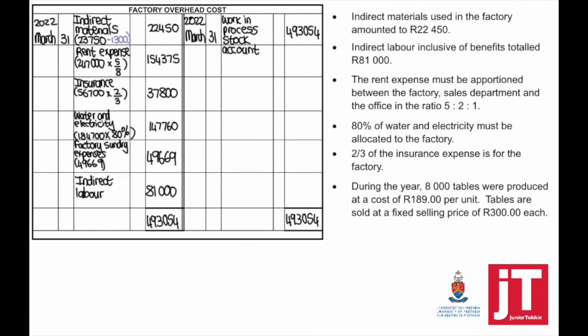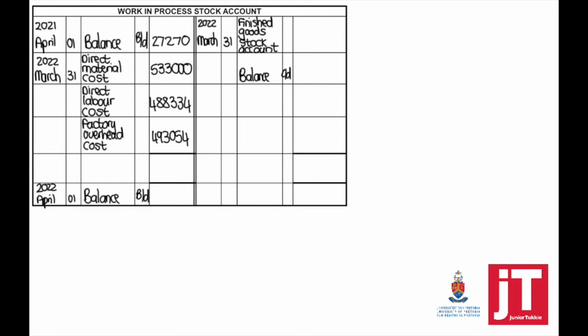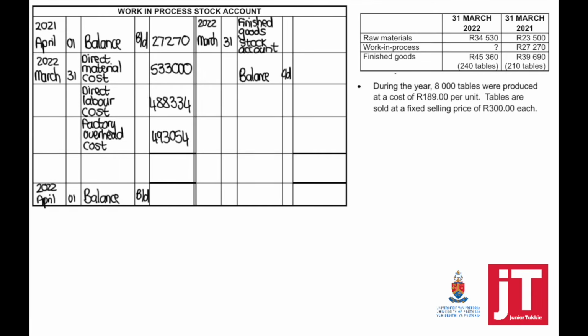Again, the same as before. Immediately, once you have done calculating it, take it to the work in process stock account, which means that for every credit, there is a debit. If I now look at the work in process stock account, I still got two unknowns, which means that the balance at the end wasn't given.